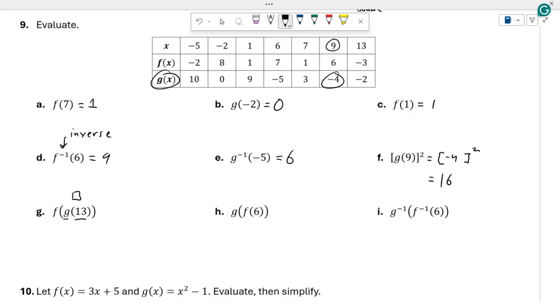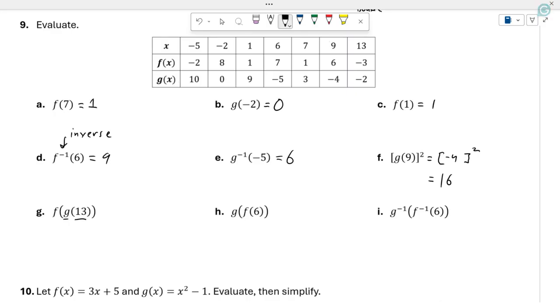For 9G, the original input is 13, and we're going to plug that into g, and we're going to get something. Then we're going to take that something, and it's going to immediately become the new input into the f function, and we're going to evaluate that, and that's going to be our final answer. If that sounds complicated, I think once you see it, you'll see what's happening here.